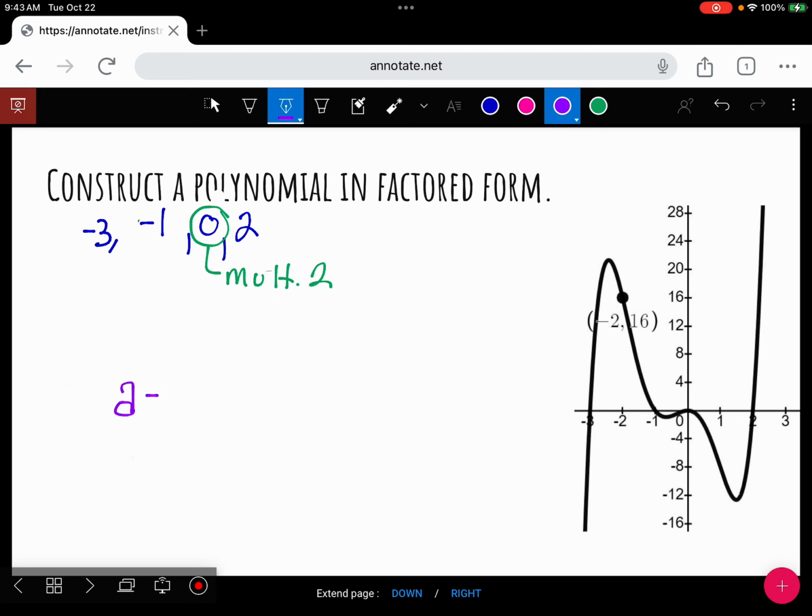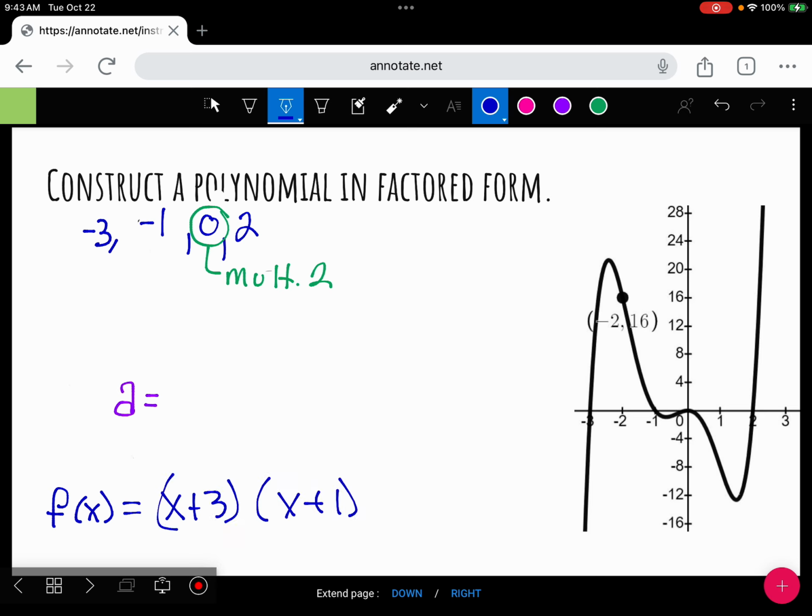See if you guys can find your a. Anybody get to an a? 1.